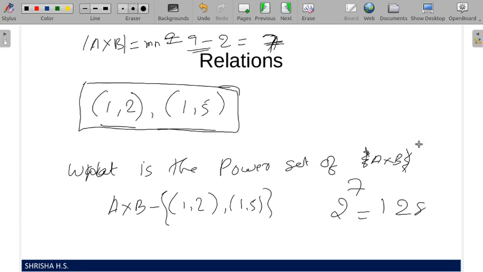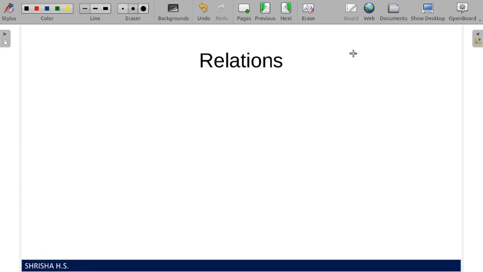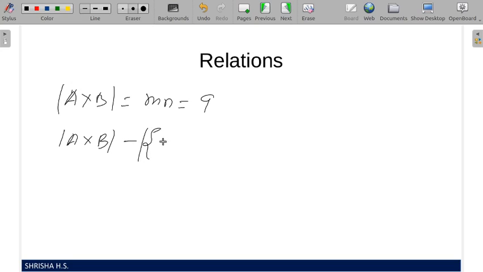Let's make it simple. If you read a textbook, it is a little complicated, you don't have to go that far. The number of elements in A cross B is mn, it is 9. Now 1 comma 2 and 1 comma 5 are already present, it is set that they are present.